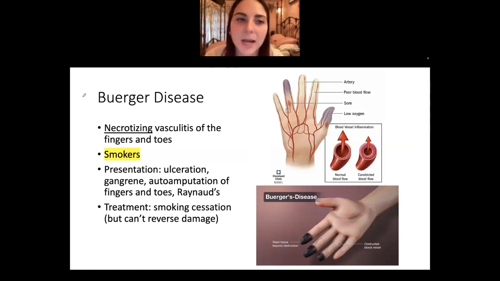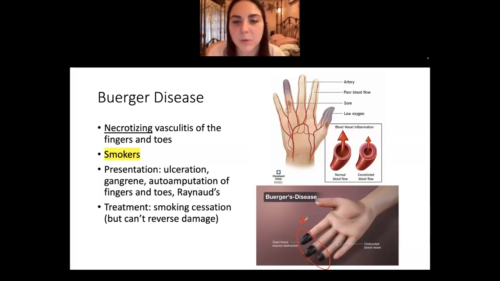And the idea behind this, because I don't know if it actually exists, is that smoking is going to damage the vessels furthest away from the heart, like the ones in the digits. Those are going to die off, and then the areas furthest away from the heart die off because those vessels are dying. You can't reverse necrosis, but you can stop further digits from dying.